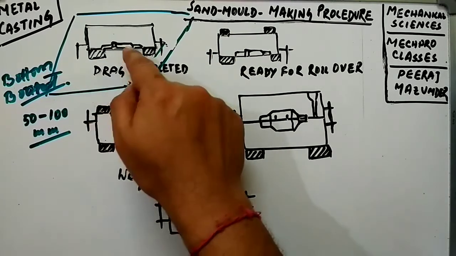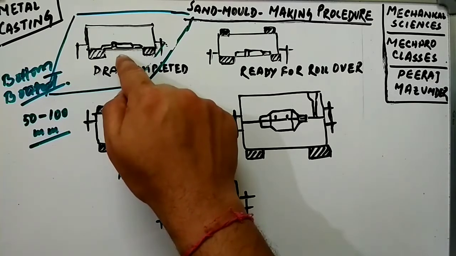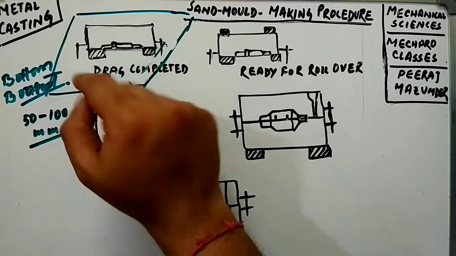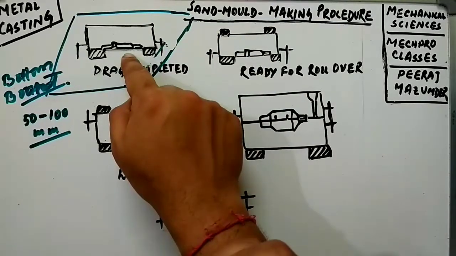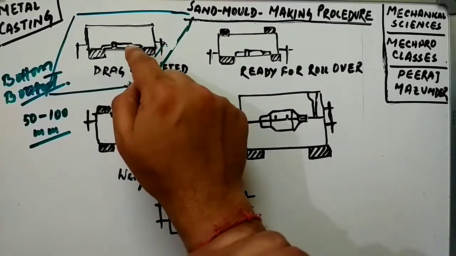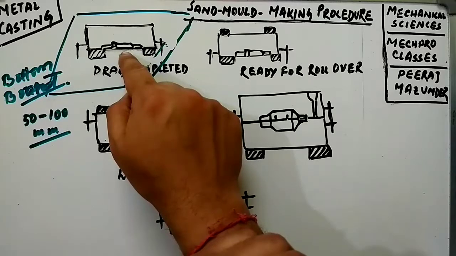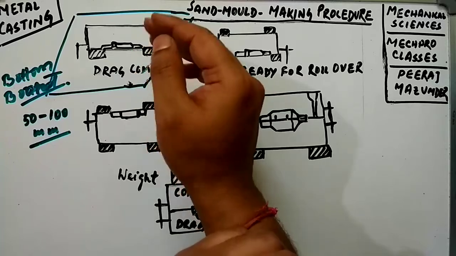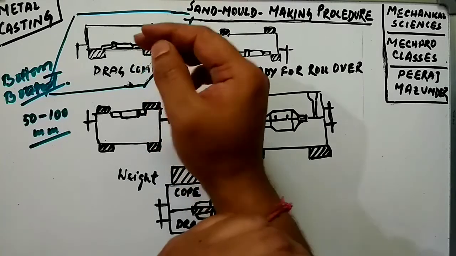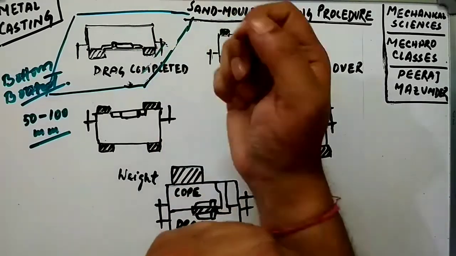Look, the pattern is in contact with this bottom board, because the drag is upside down. So you have to sprinkle dry facing sand over the board and the pattern to provide a non-sticky layer. That is the main important thing.